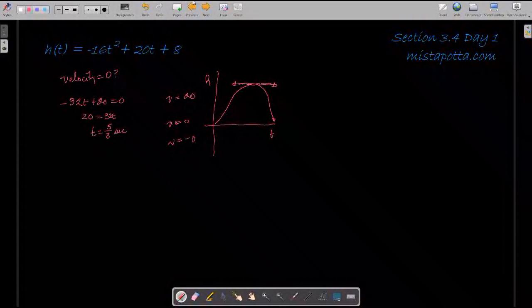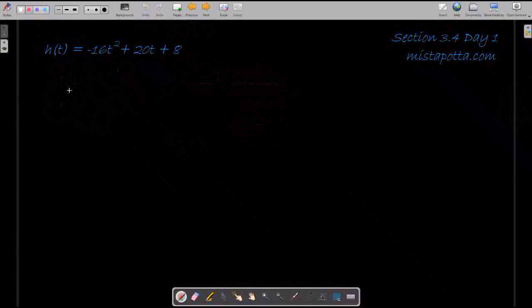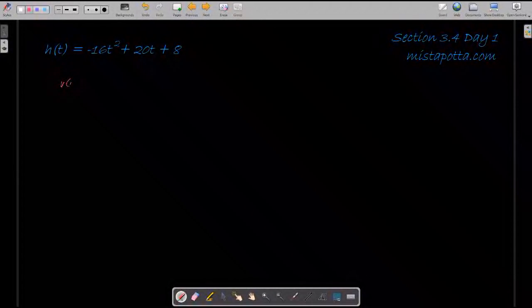My initial velocity is what I get when I set t equal to 0. So in other words, what is my velocity at t equals 0? So I'm going to have that same derivative, negative 32t plus 20.